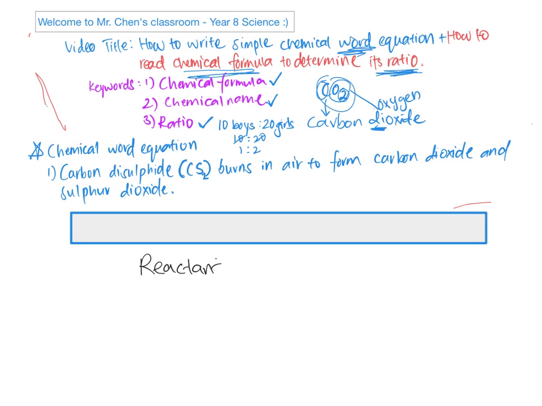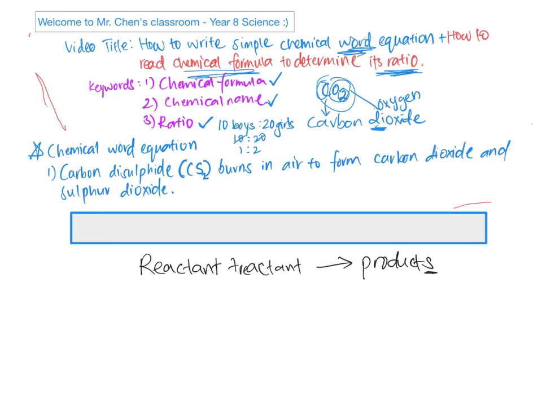A reactant is normally added to another reactant to form products. It can be more than one product, so I put an S there. That is roughly the guide that you follow when you write chemical word equations.